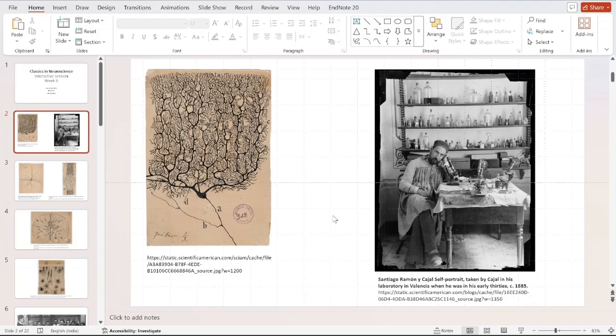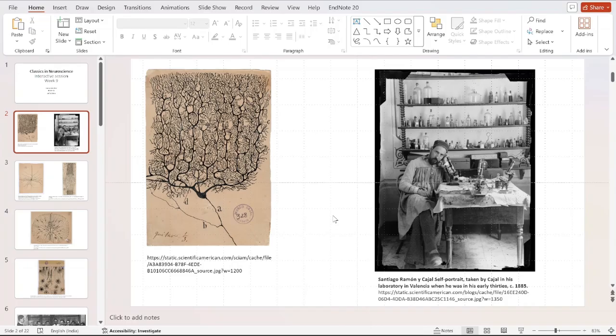A few years after Cajal's death, Spain was occupied by the Franco regime, and many of Cajal's students had to flee because Franco and his regime were not in favor of Cajal's neuron doctrine, and they brought back Golgi's reticular network ideas.